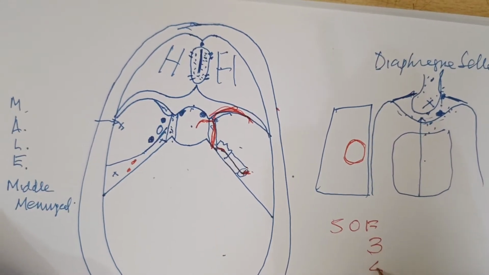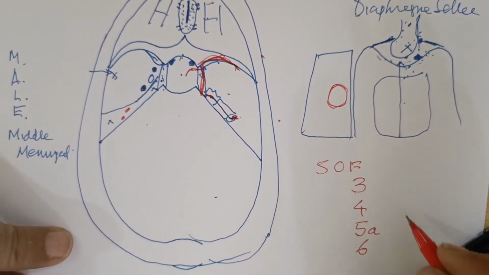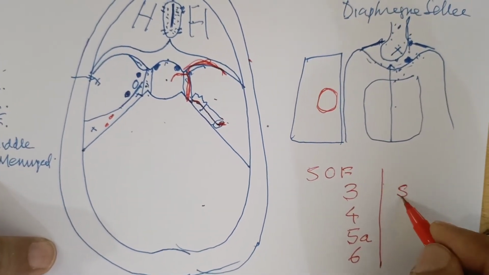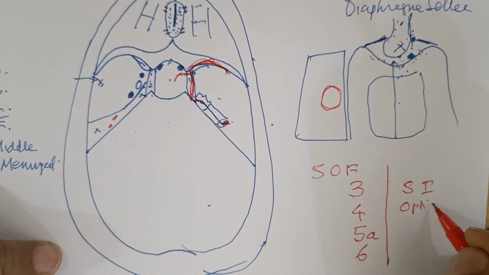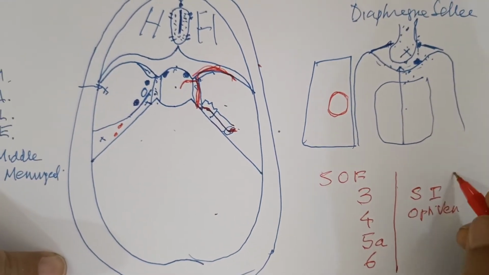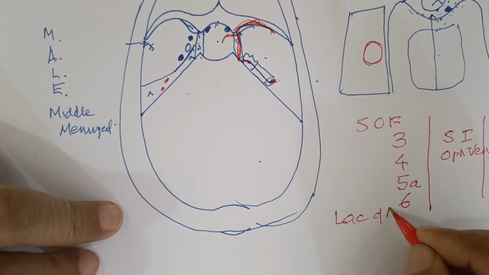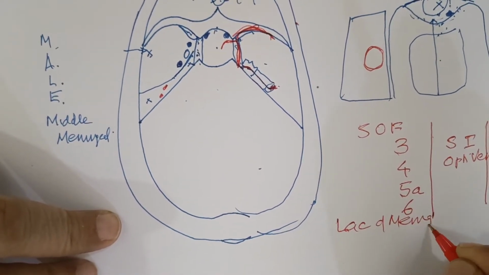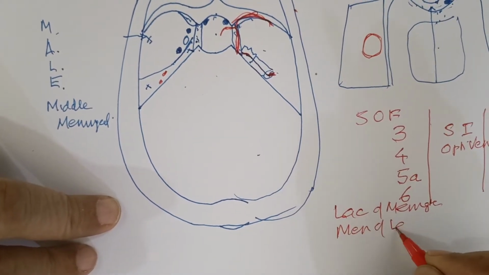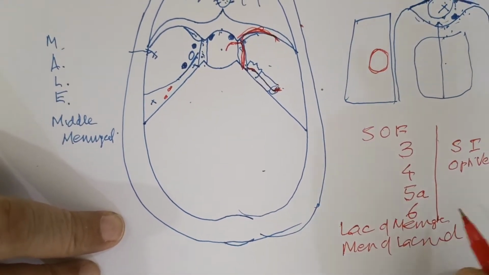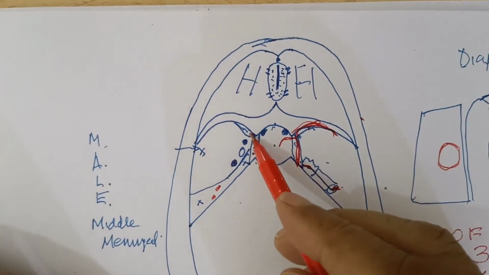Third, fourth, fifth A, sixth nerve, superior and inferior ophthalmic veins, and then you remember the lacrimal branch of the meningeal artery and the meningeal branch of the lacrimal artery. So that passes through the superior orbital fissure.